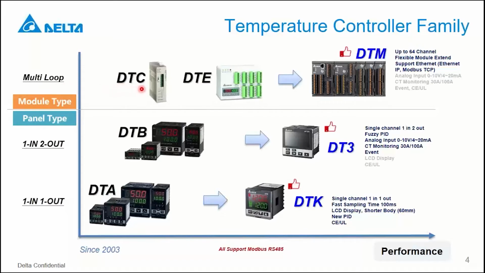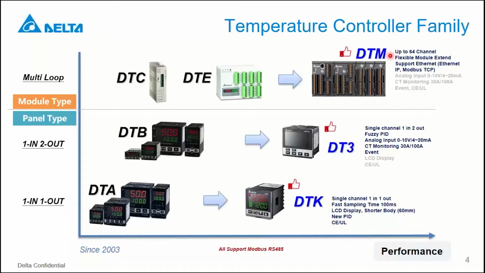You can see here we have the DTC, a modular design, one channel, one module. And also there's the DTE type, a multi-channel design, at maximum 8 channels. And now back to the new product, the DTM series. You can see the first one, the channels are up to 64 channels. It's very powerful.